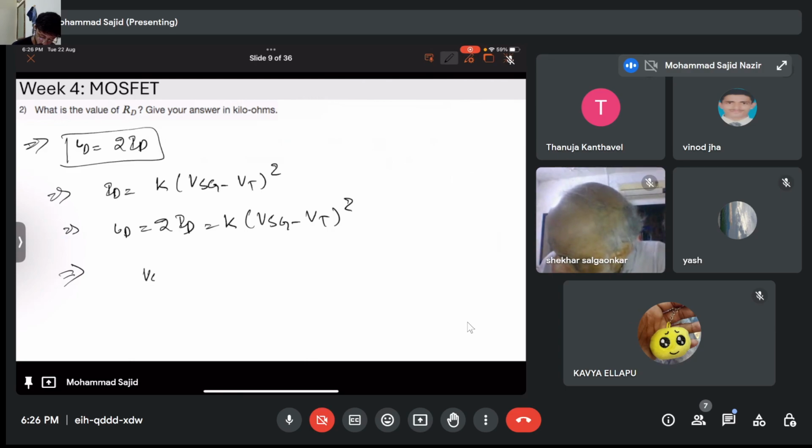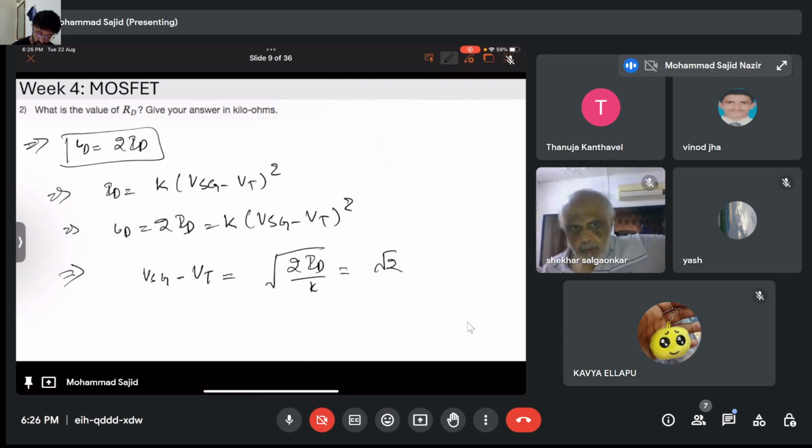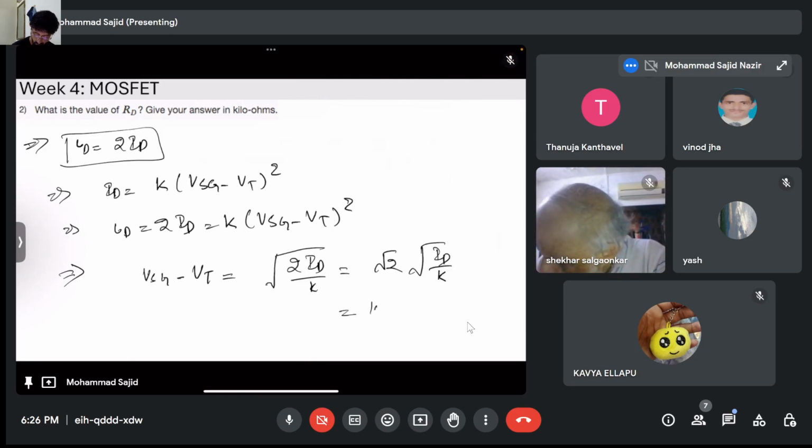So that will give us a condition for VSG minus VT equivalent to the square root of 2ID by K. That is root 2 times root of ID by K. We calculated this earlier, ID by K, so that is 1.414 into 0.179, that is 0.25.